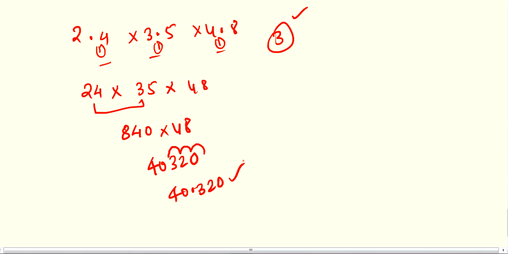Then question number 4, divide. First, second, third, you can solve. 4th, 5th, 6th, 7th, 8th, 9th. 7th one, 8th one I'm solving here. 7.644 divide by 1.4.